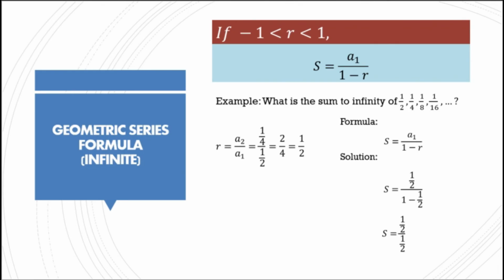We now have 1/2 over 1/2, which is basically equal to 1. Therefore, the sum to infinity of the sequence 1/2, 1/4, 1/8, 1/16, and so on and so forth is 1. And that's how we solve for the sum of a geometric sequence. We use some formulas to make our solving a lot easier and faster.